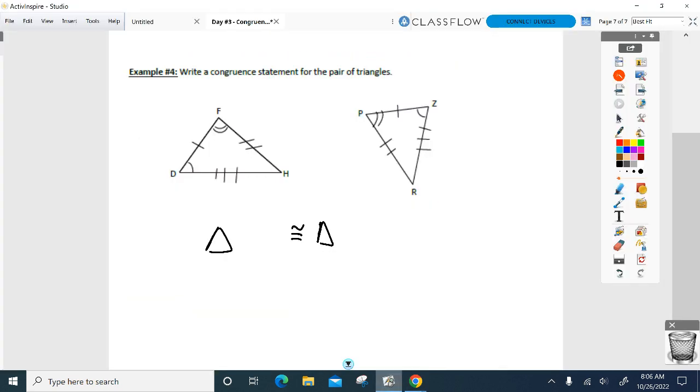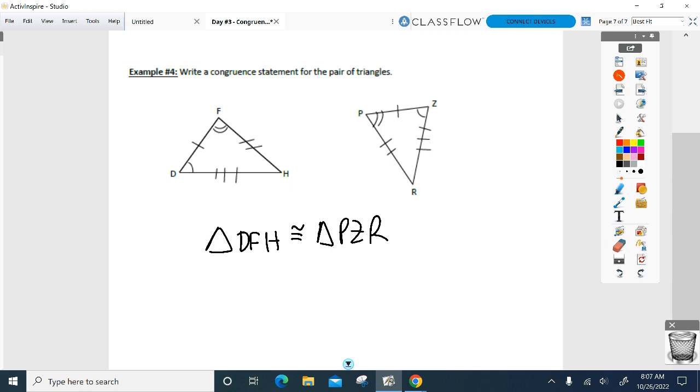Here you go. What'd you start out with? Triangle DFH. Okay, DFH, and you made that congruent to? PZR. All right, let me just check here. D and P. Oh, hold on here. Look at D and P. See how they're the first two letters? But if I look here, D and P, not congruent to each other, right?